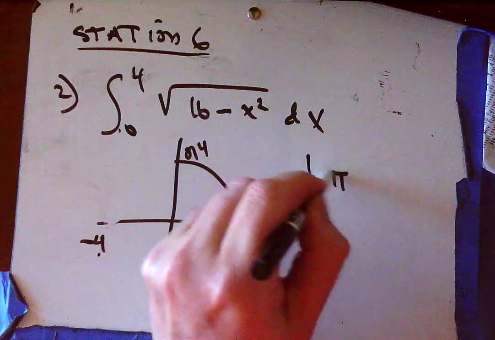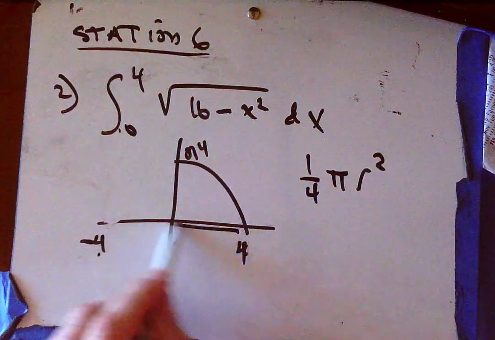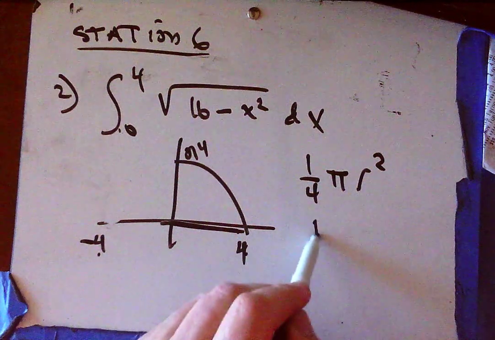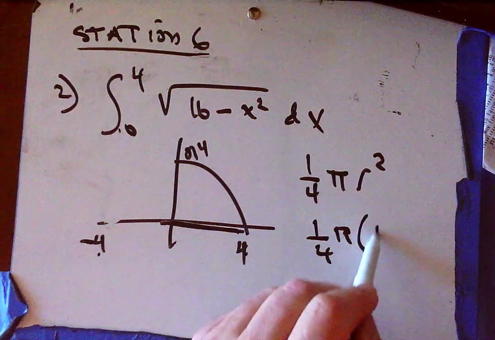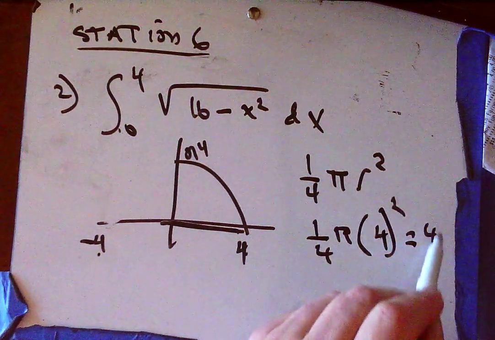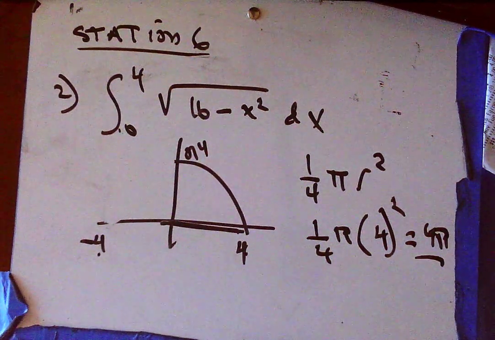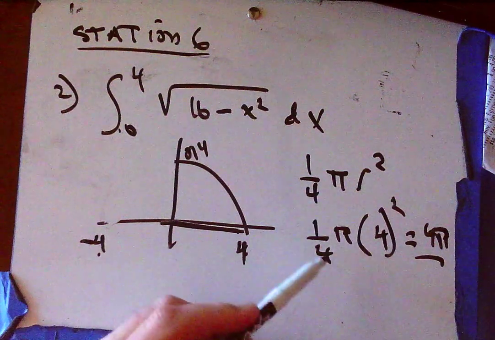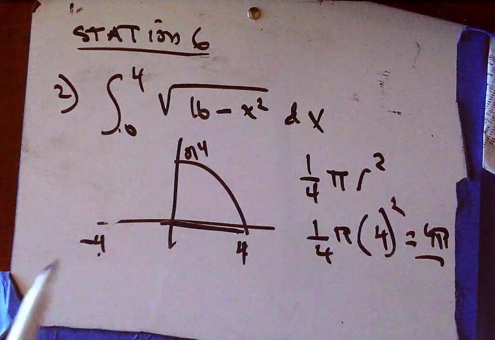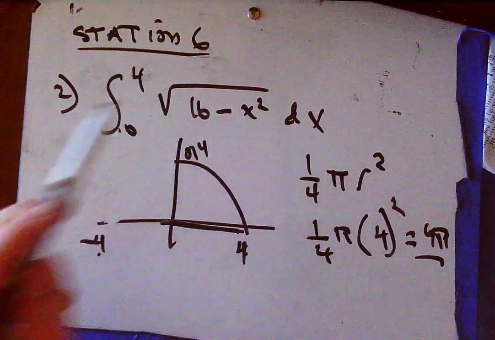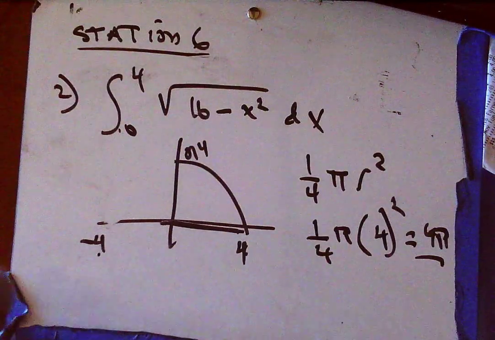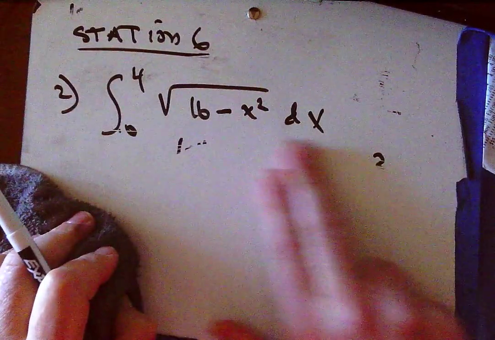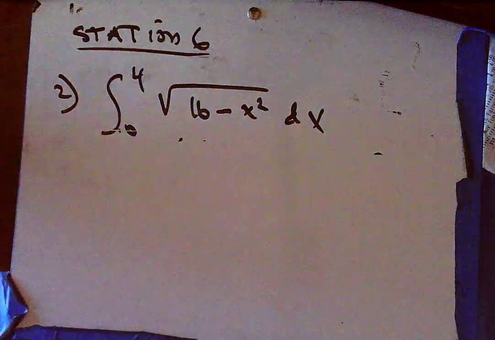So 1/4 pi r squared. What's our radius? Our radius is 4. 1/4 pi 4 squared gives me 4 pi as an answer. It's very easy to apply my geometry to this situation. It is going to be a big, I think impossible, challenge for you to do this integral by finding the antiderivative.